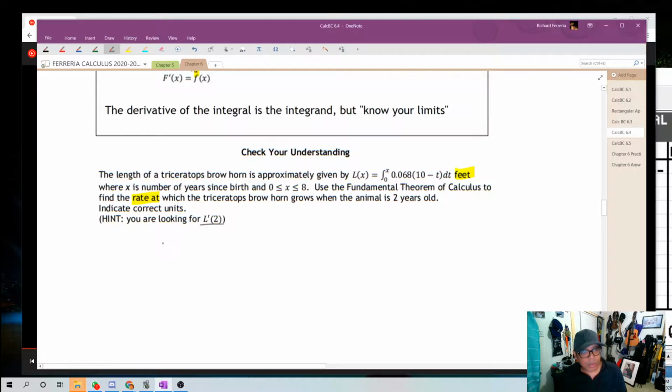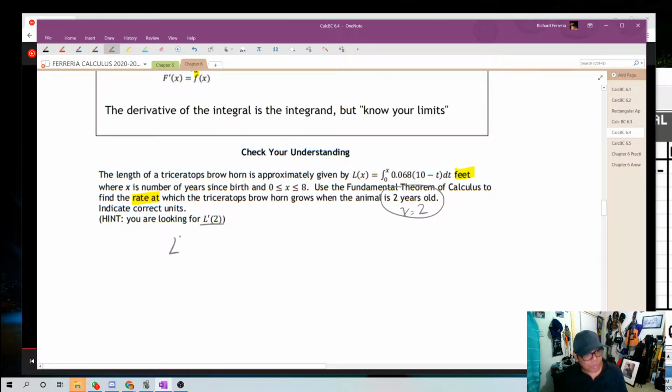Okay, so what variable do we need to do, d dt or d dx? Based on the fact that the animal is 2 years old, x is equal to 2. So we're going to take the derivative with respect to x.